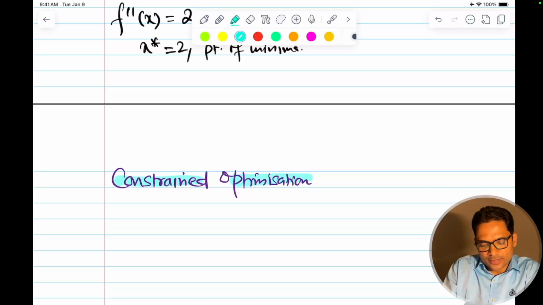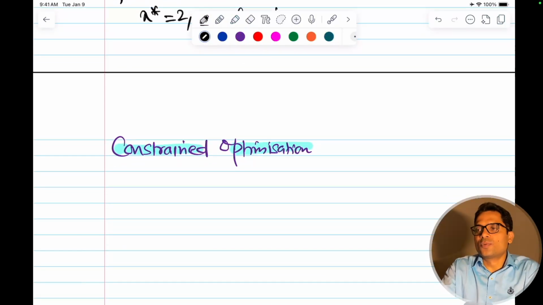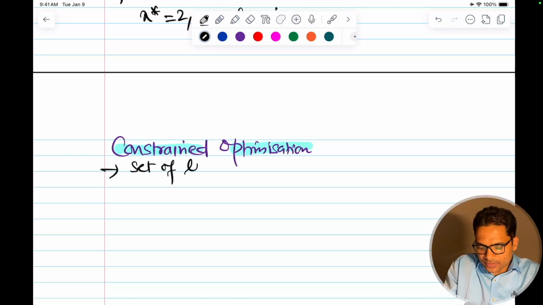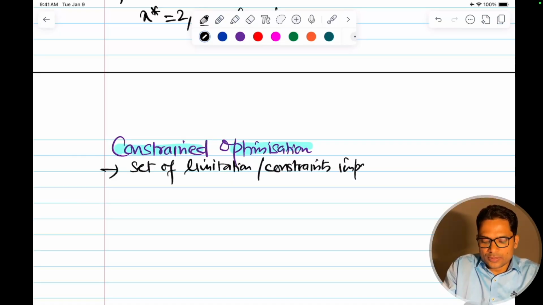I cannot choose the min or max from the complete set. I have some set of limitations or constraints imposed on the optimization.